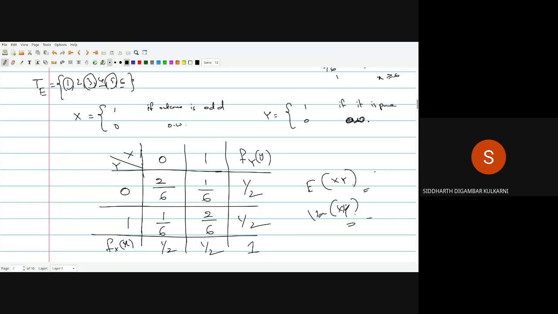If you consider it odd, then the values will change, but that does not affect the calculation because it counts as 0. If you take xy is 1 only for the 4th compartment, if you take 1 as prime, then it will only impact the 4th compartment, which will change to 3/6.